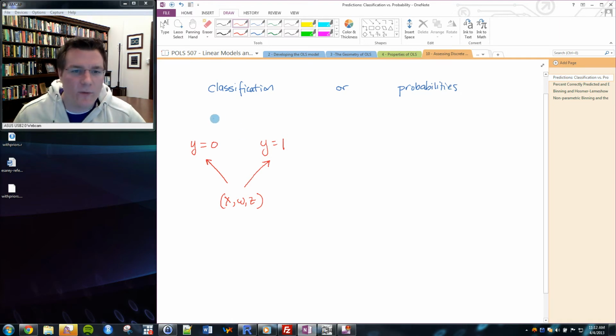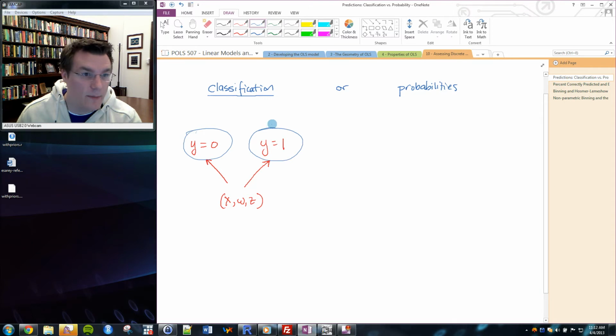When we assess a model's classification ability, we ask how many times did it put observations that turned out to be zeros into the 0 bin, and how many times did it put observations that were 1s into the 1 bin.